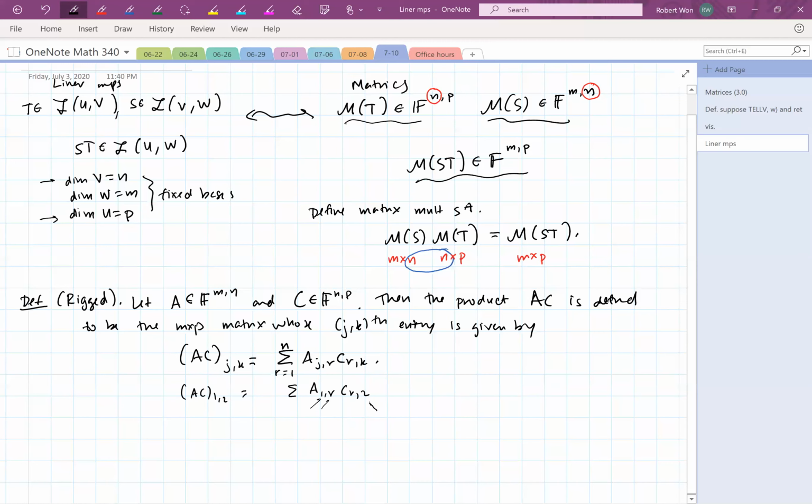Here, you're fixing the second column of C, and you're going along every entry in that column. You're multiplying them one at a time, and adding them all together. So this thing is the dot product of the jth row of A and the kth column of C.